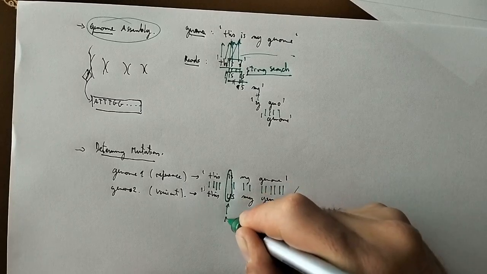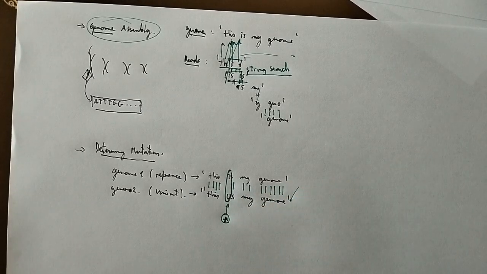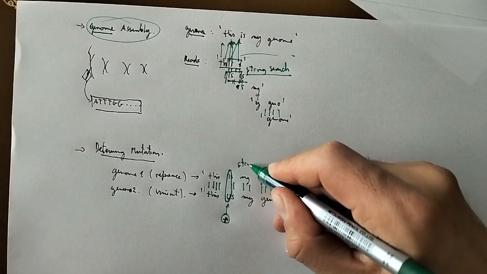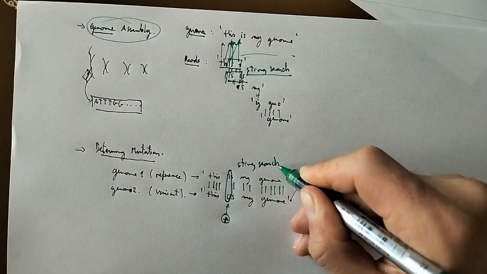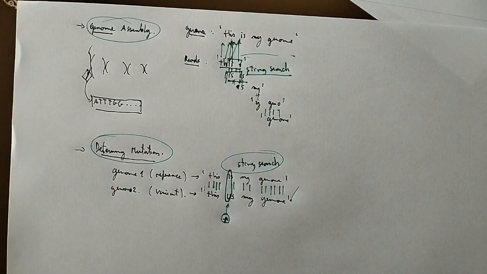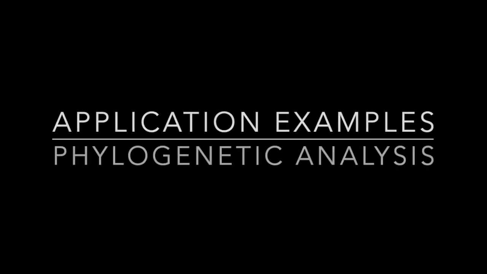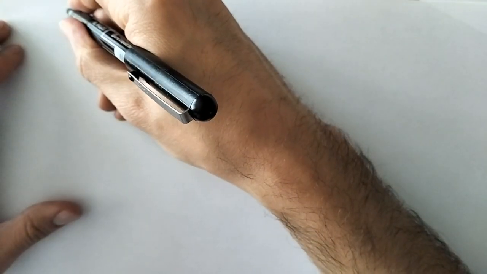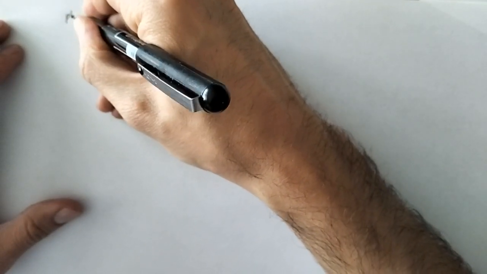So our mutation would be here. Of course, we are not going to use such a simple approach to determine mutations, but here is just an example to explain why string search will help in the determination of mutations in the analysis of genomes or genes. We also mentioned another possible application that could be on phylogeny.